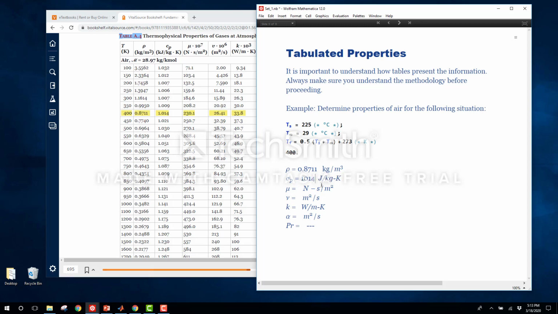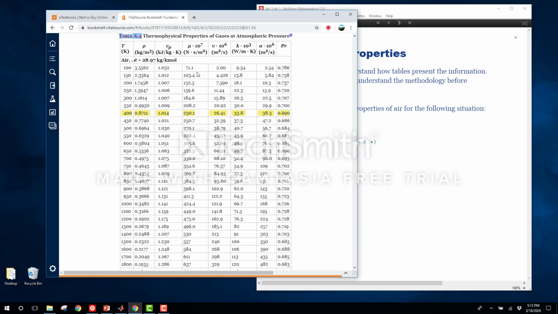Now going to the viscosity terms, we see the next four terms are all multiplied by some factor, in this case 10 to the 7, 10 to the 6, 10 to the 3, and 10 to the 6. What this means is that this value, 230.1, is 10 to the 7 times larger than the actual value.